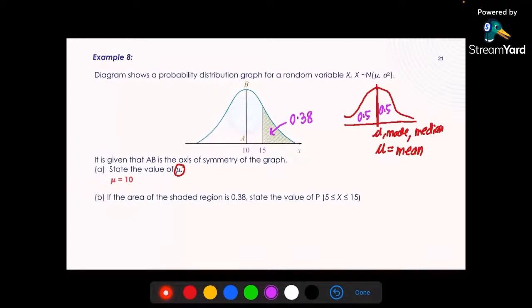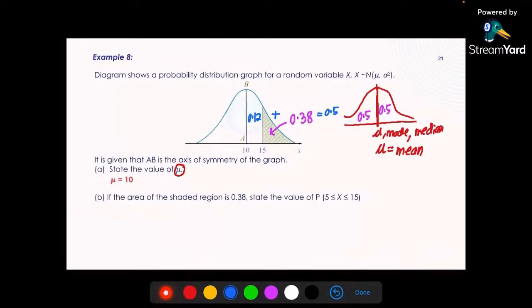So dekat sini kita akan tahulah between here, this is 0.12, kan. Sebab bila kita tambah ni, dia akan jadi 0.5. Half-half. Alright? And then now kita pun nak tengok soalan dia tanya sini, find the value of P.